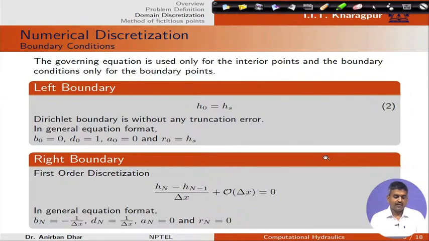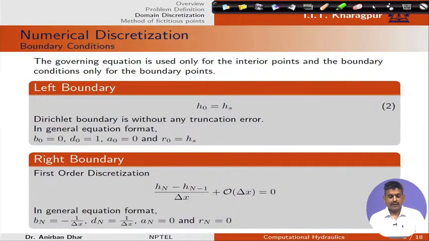If we consider the right boundary, then we can discretize it with backward difference. That is h n minus h n minus 1 divided by del x, which is first order accurate. So, the order of accuracy is del x. In general form equation, bn is minus 1 by del x, dn is 1 by del x, an is 0, rn is 0.